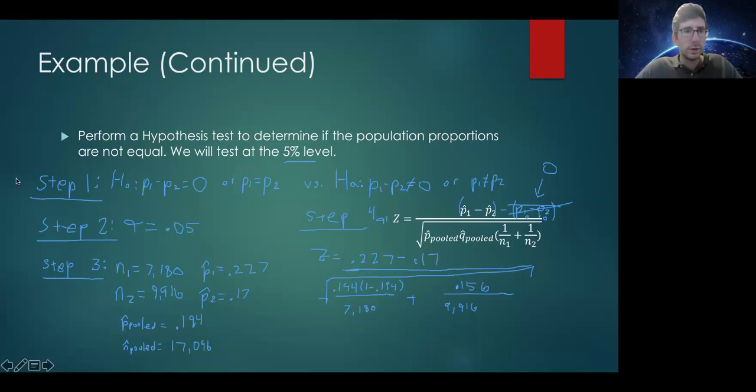And this will be the same exact thing over here, right? P hat pooled times Q hat pooled. So this is the same exact thing we had. Now we have to divide 0.156 by each of our sample sizes.